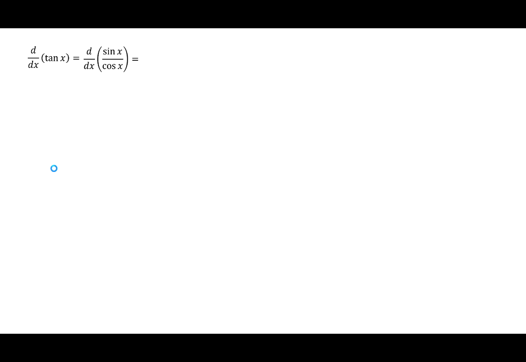Something over something? Yep. So, by applying the quotient rule, low d high minus high d low over low low, or denominator cosine x times the derivative of the numerator sine x, minus the numerator sine x times the derivative of the denominator, divided by the square of the denominator, which makes it cosine x, the derivative of sine x is cosine x, minus sine x, the numerator, times the derivative of cosine x, which is negative sine x, all over the square of the denominator, which is cosine square x.